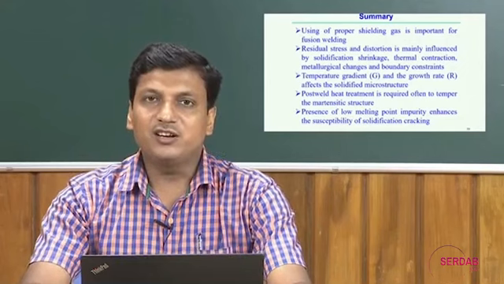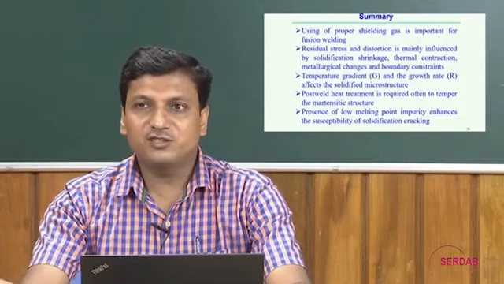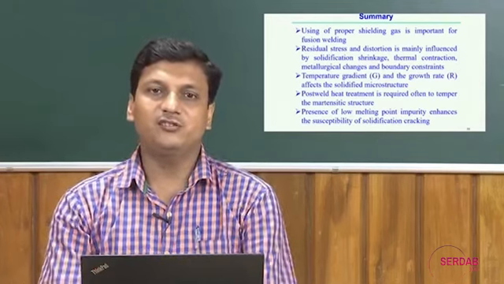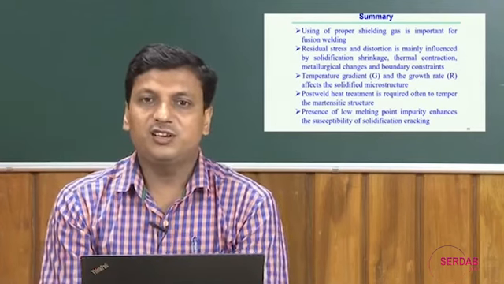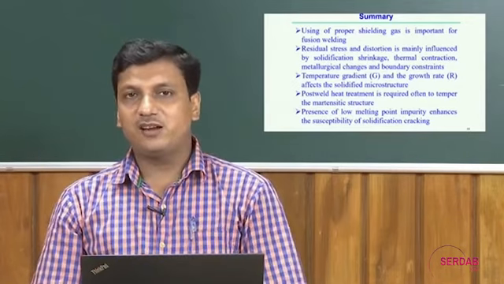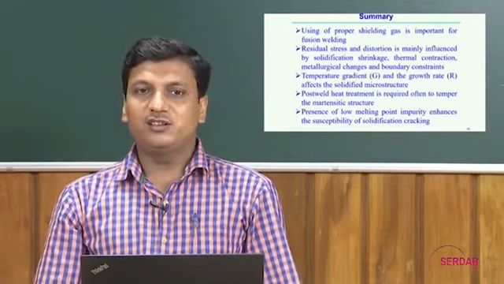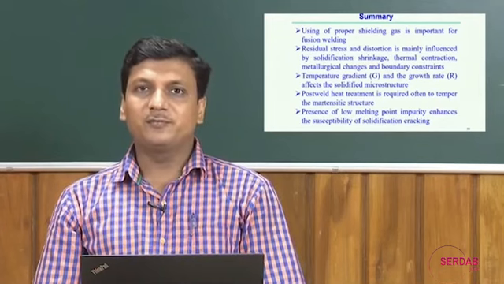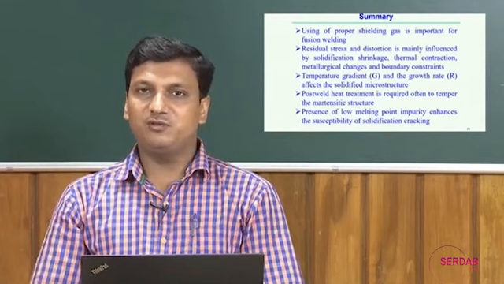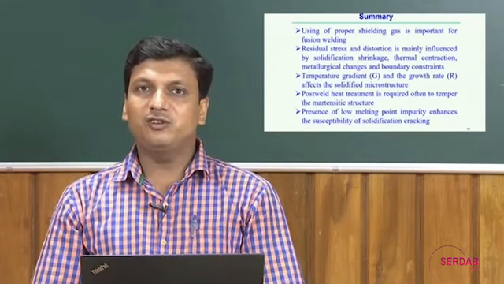In terms of the analysis of the solidification process in welding, the temperature gradient G and the growth rate R are the main two parameters that actually influence the solidified microstructure and that quantitatively explain the solidification behavior during the welding process.